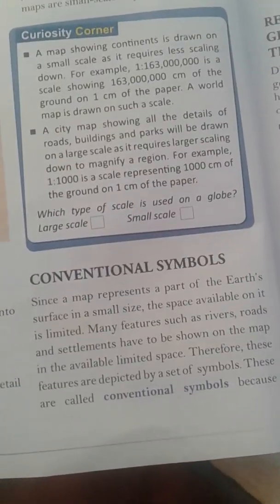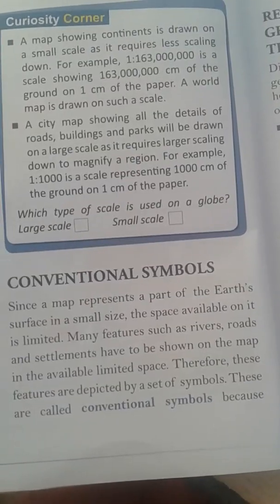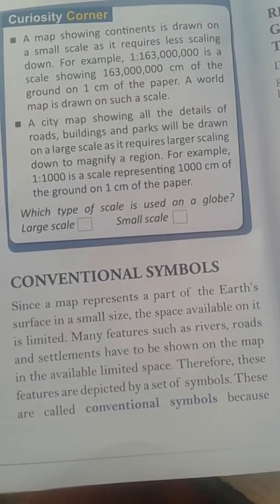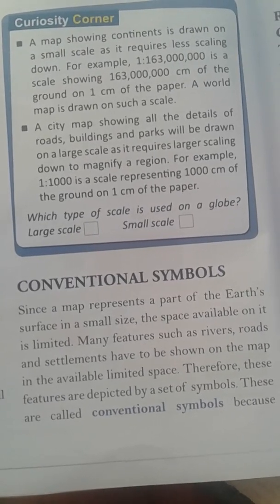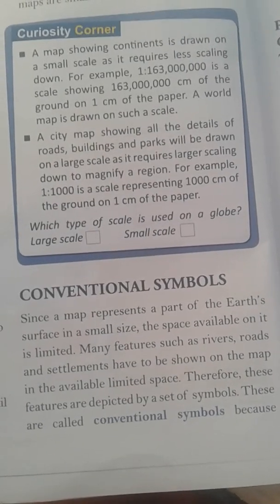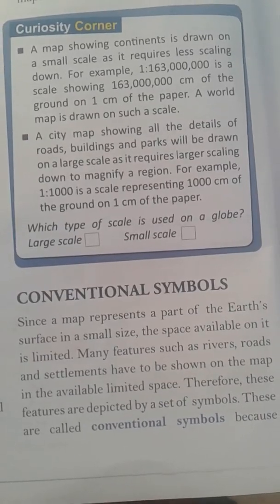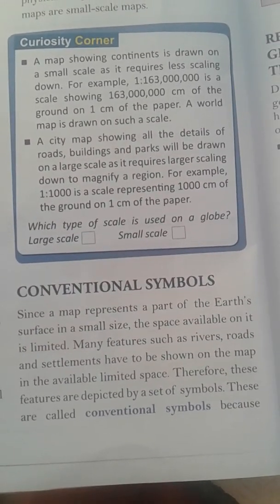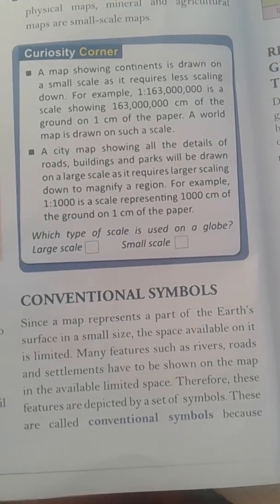Now, conventional symbols. As we know, a map is a small representation of a large area. Many features like rivers, roads, settlements have to be shown on the map in the available limited space. For these, symbols are used, called conventional symbols because they are used and accepted universally.